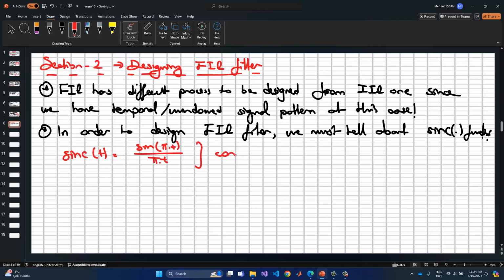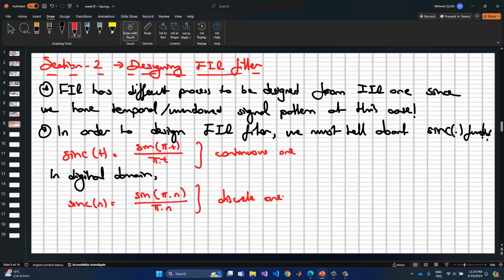This is the continuous one. In the digital domain we have this signal just like this one, where n is the discrete index of the samples: sin(pi n) divided by pi n. This is the discrete one.